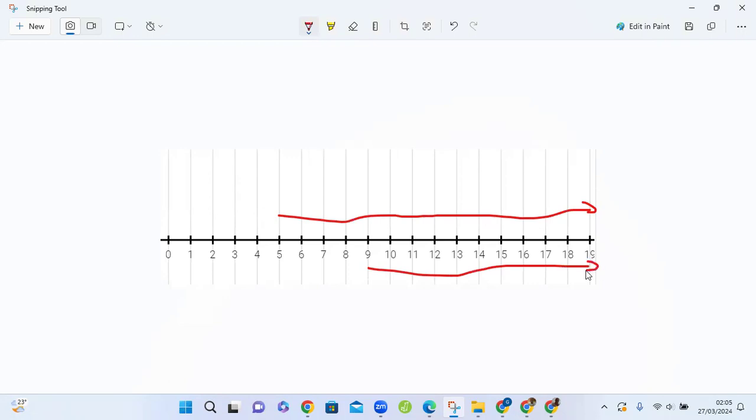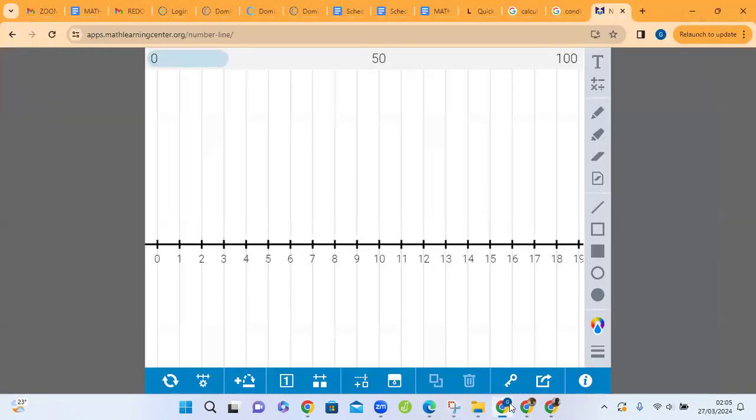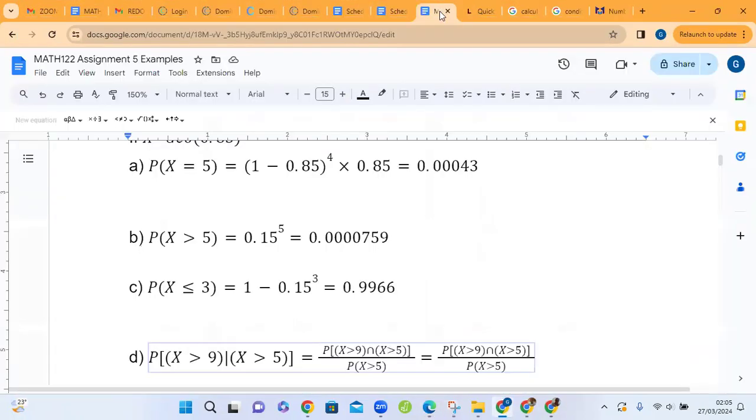So more than 5 and more than 9 intersect at more than 9. That's where they meet. Hence, the formula is simplified to more than 9 over more than 5.